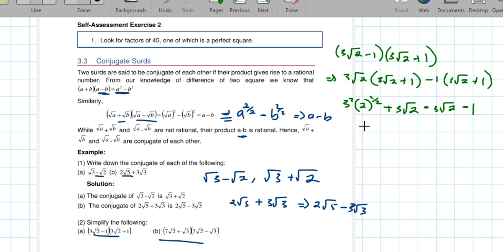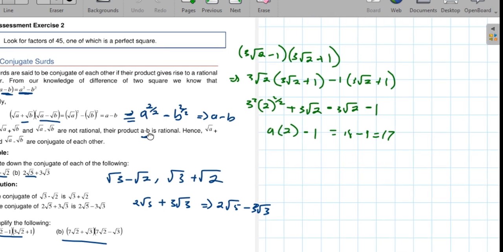So what we have here is 9 into 2 minus 1, which is equal to 18 minus 1, which is equal to 17.